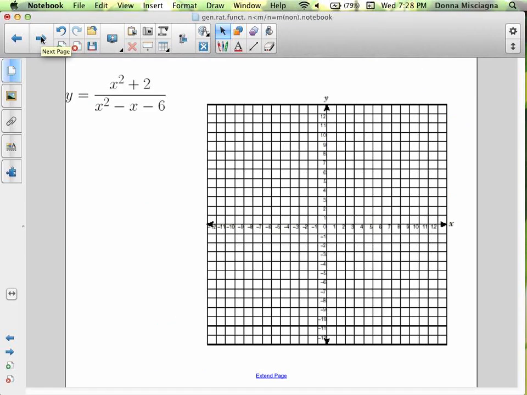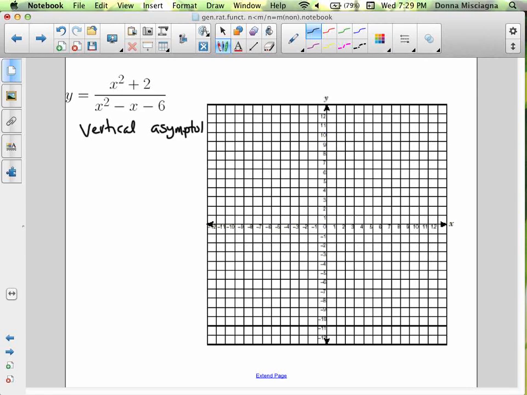So I have no little boxes here. It's all right. We'll just write it out. All right. So vertical asymptotes. Somehow it got erased on mine. It was x equals 3 and x equals negative 2. And actually, let me write those in a different color, so in color code, the color of the asymptote to the graph.